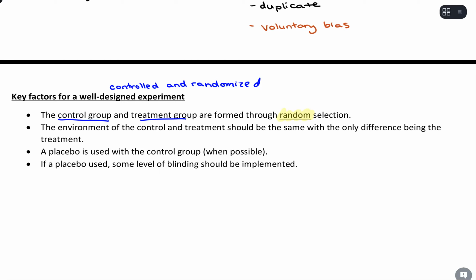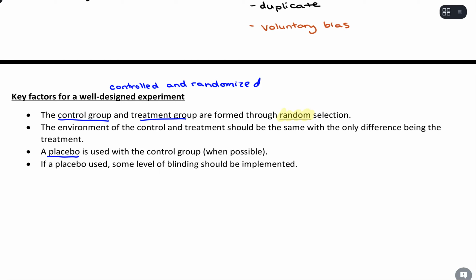That's often hard to accomplish, but there can be some different ways of controlling that. Another piece is to use a placebo when you can. That's not always the case. An example, from the textbook, is an experiment where they conducted surgeries to put in a stent, and they wanted to see the effect of the stent on reducing heart attacks.